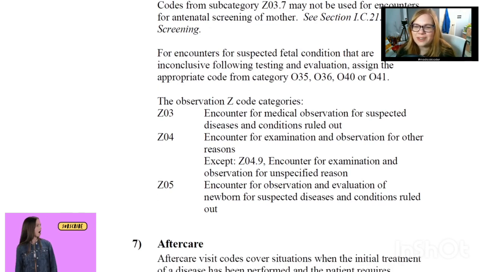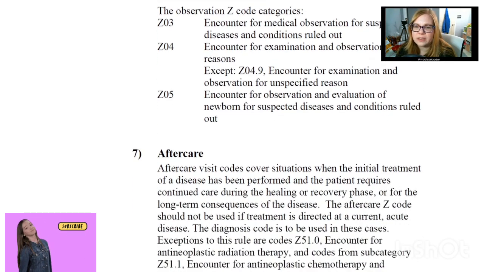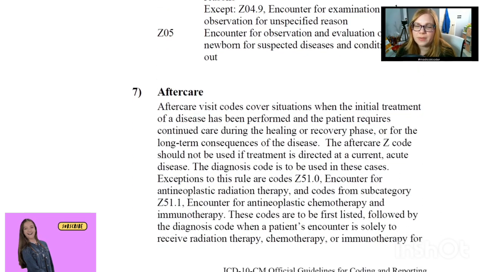The observation Z code categories are Z03, encounter for medical observation for suspected diseases and conditions ruled out. And then Z04 is for observation for other reasons. Z05 is for observation of newborn for suspected diseases and conditions ruled out.